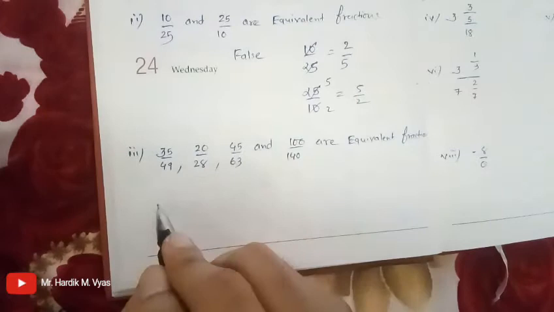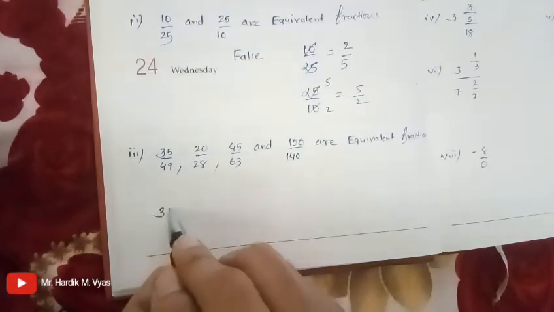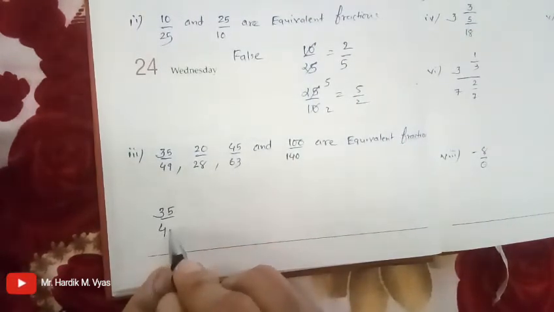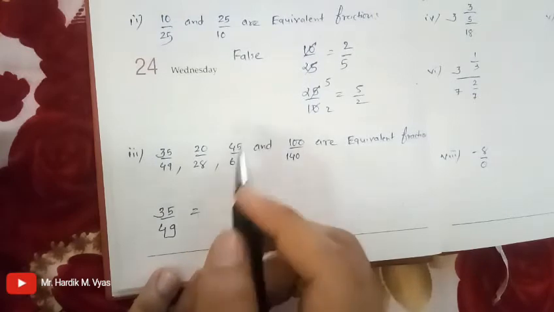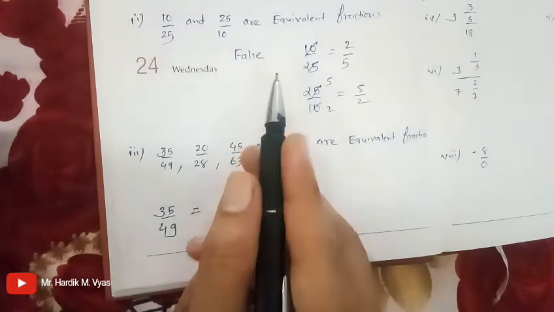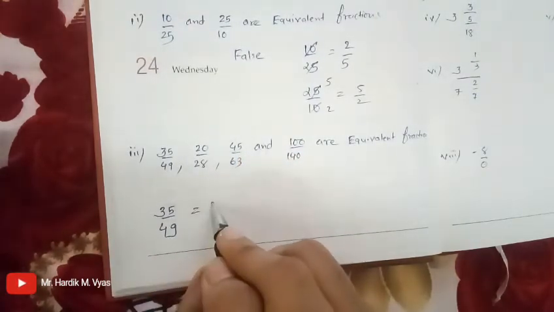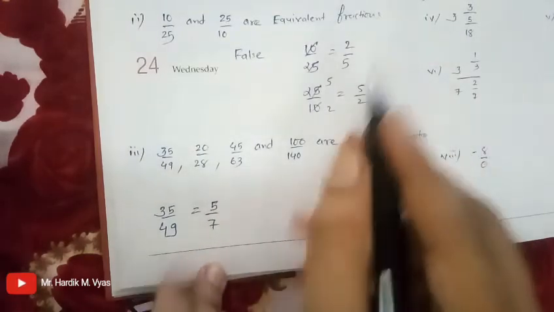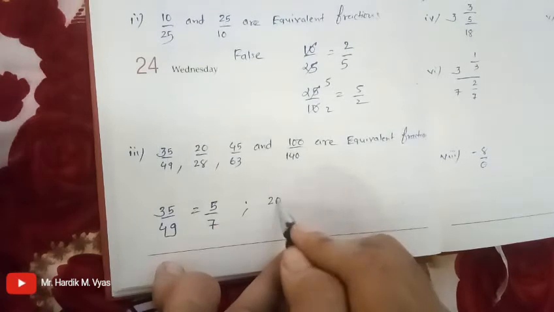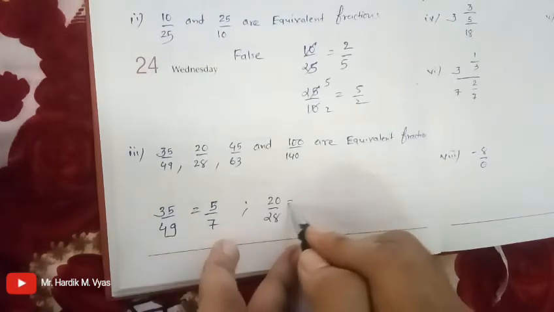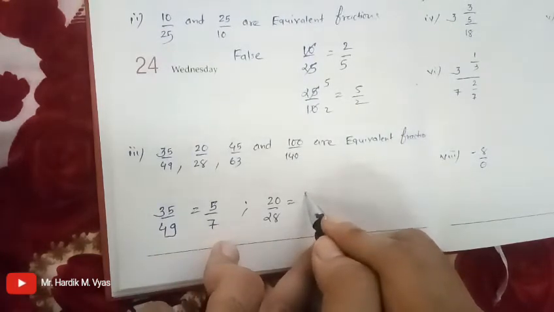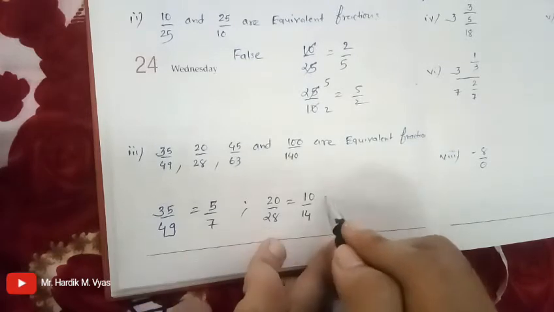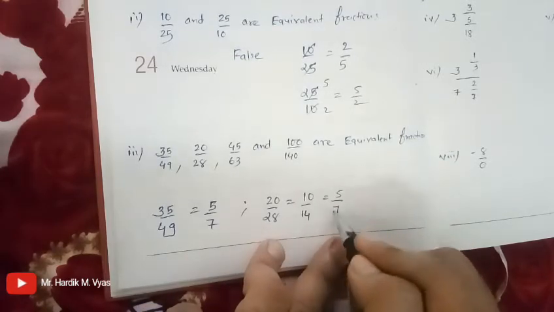Okay, let's check this one. 35 upon 49. First of all, we always cut and try to simplify to the lowest form. 5 7s, look, here it cancels by 7. 7 5s are, 7 7s are. Okay, 20 upon 28: 2 10s are, 2 14s are, then 2 5s are, 2 7s are.